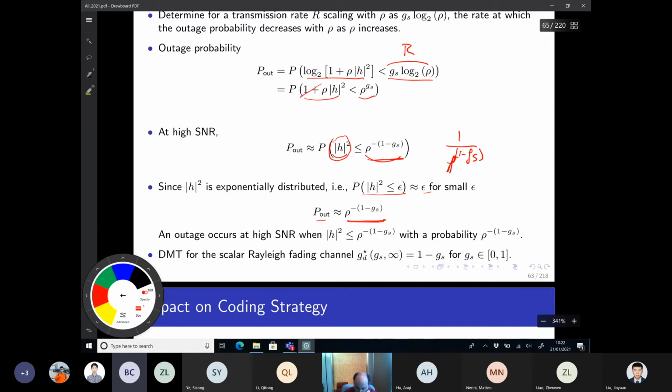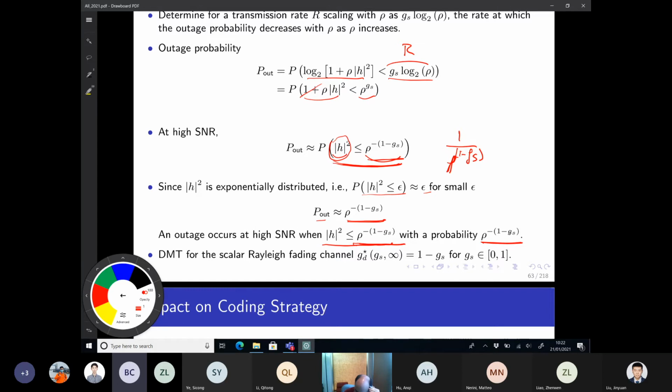So in other words, you have an outage whenever this occurs. That means you will not be able to recover the transmitted packet. And that outage will occur with a probability given by that. So you're going to have an outage whenever your channel is smaller than that, and this will occur with a probability given by that.